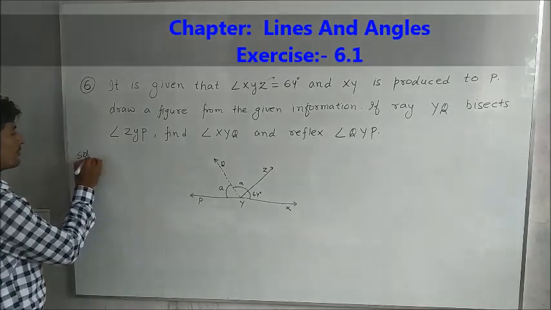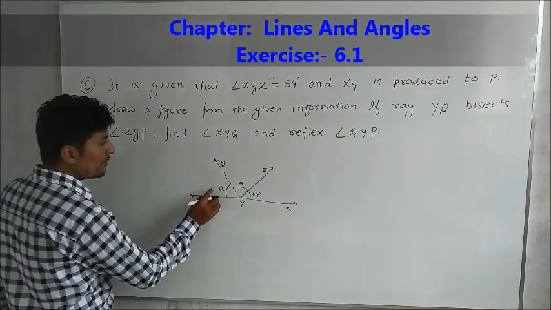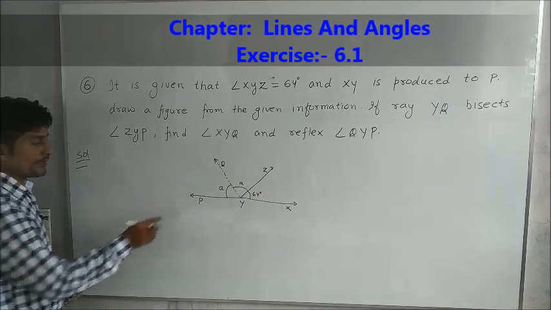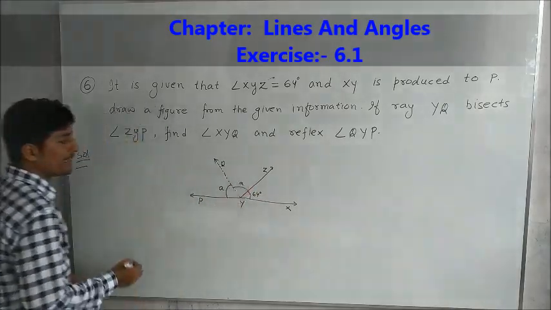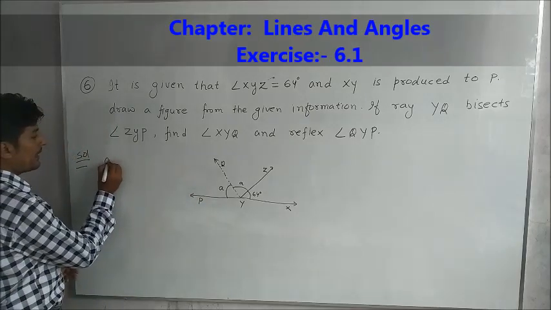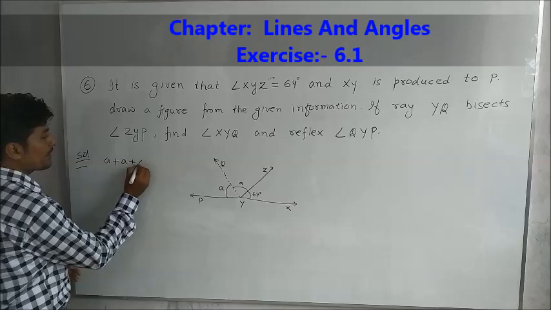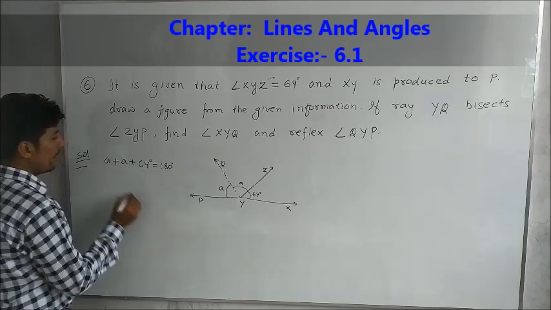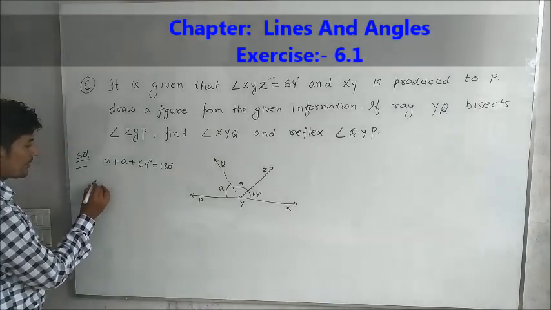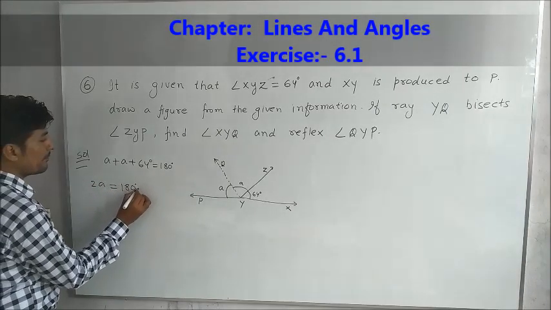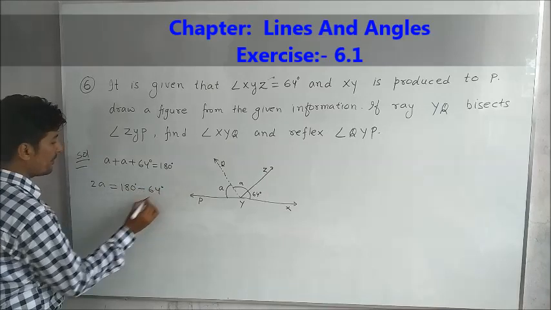So let us see the solution. As we know, the sum of all these three angles will be equal to 180 degrees, because all these angles are found on the straight line. So this is the straight angle. We can write angle A plus angle A plus 64 degrees equals 180 degrees. After that, A plus A equals 2A equals 180 degrees minus 64 degrees.